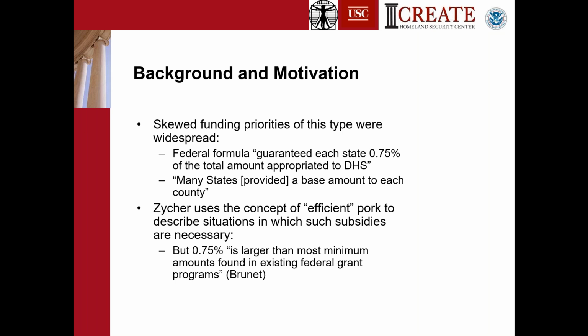And again, if you can imagine, this means that a small rural county in, say, California or the state of Washington got money that they really had no need for, and big urban areas like LA or San Francisco did not get adequate funding for what they needed.